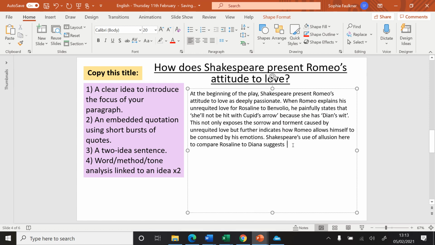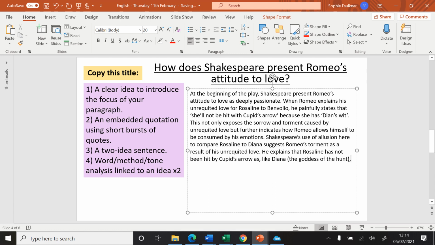It suggests my idea about Romeo's torment as a result of his unrequited love. Now I'm going to explain in a little bit more detail. He explains that Rosaline has not been hit by Cupid's arrow as, like Diana, and I said last time that she is a goddess of the hunt, which indicates that she has armor.